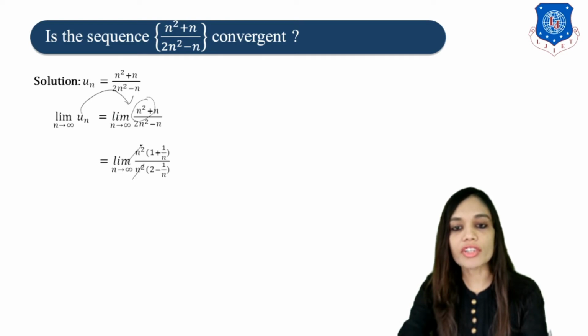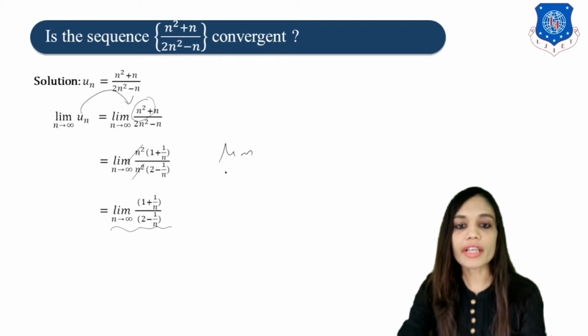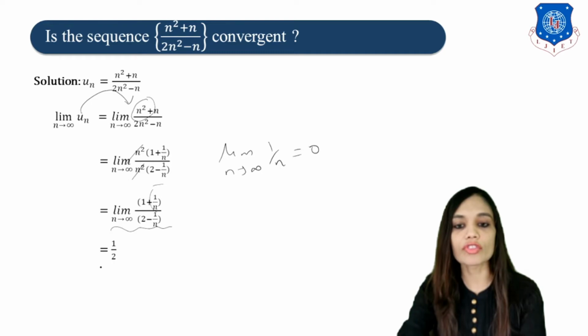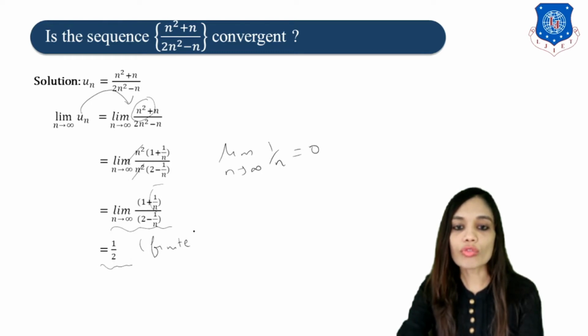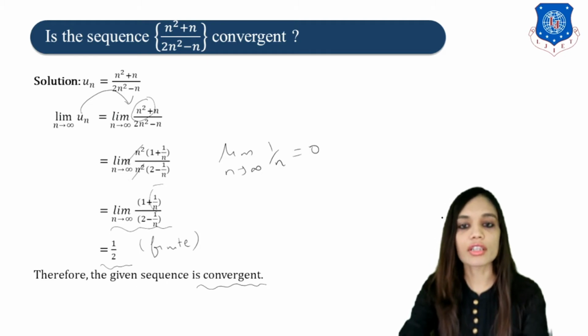Now this n^2 will get cancelled out, so you will get the following equation. Now we know limit n tends to infinity 1/n is equal to 0. So this will go to 0, this will go to 0. So you will get the answer of the limit as 1/2, which is finite. So we can say that the given sequence is convergent.